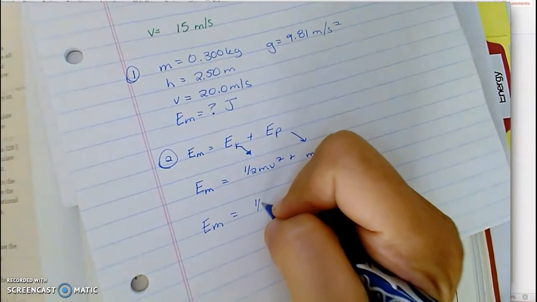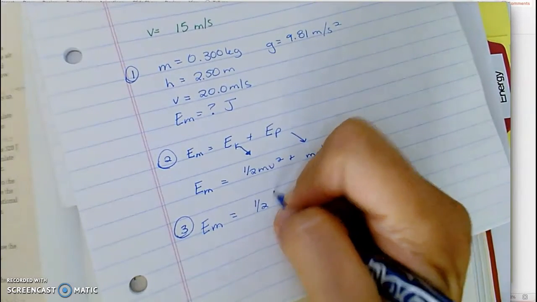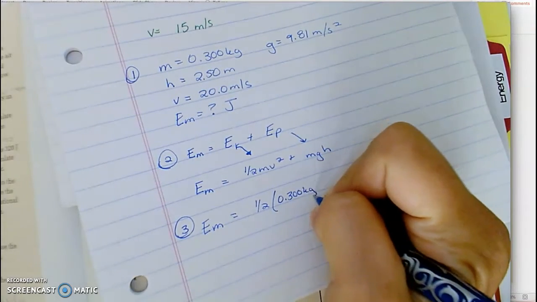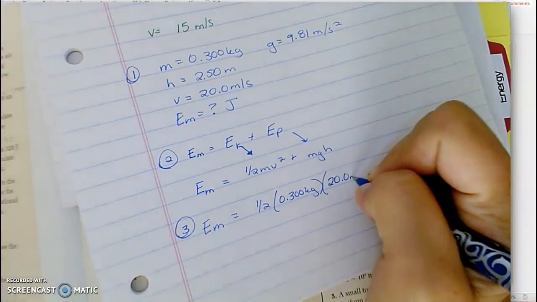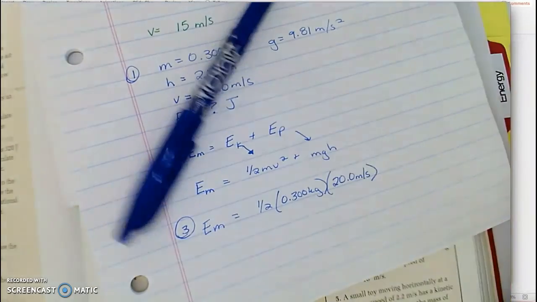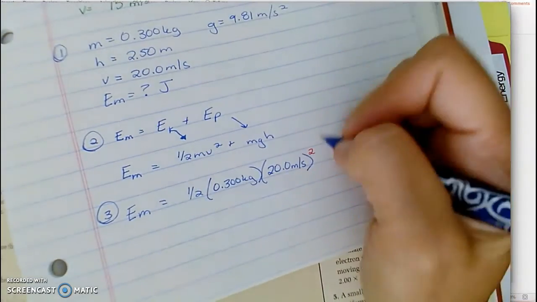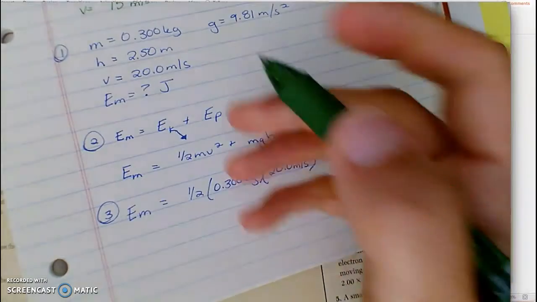Let's write everything in step 3 here. So mass 0.3 times speed squared. I put this here so I don't forget it again. Plus, maybe it'd be good to color code these.